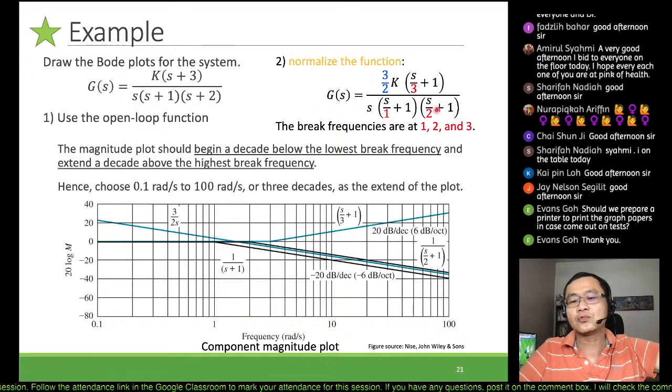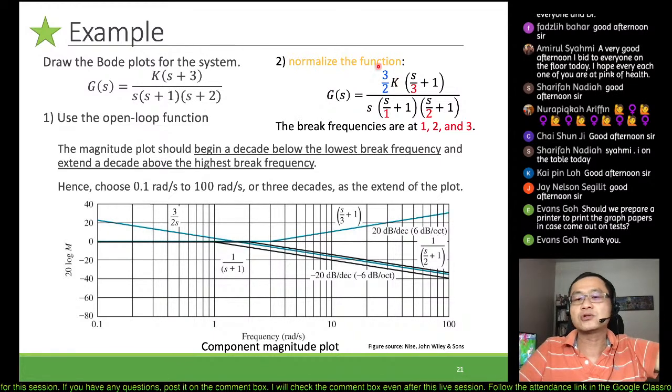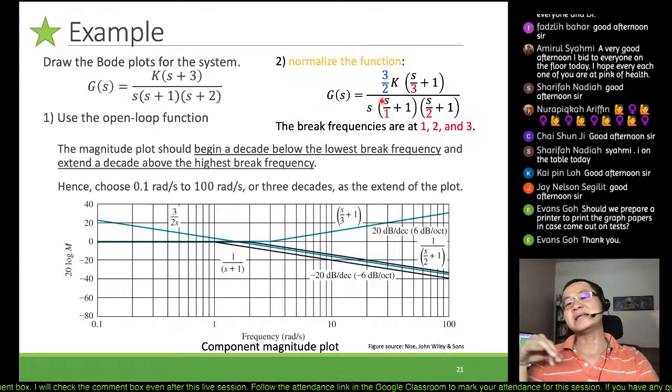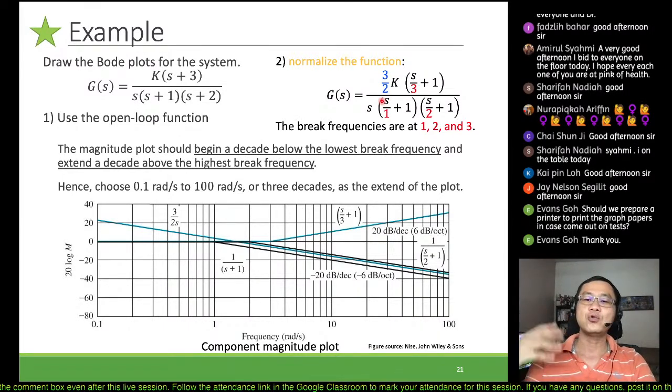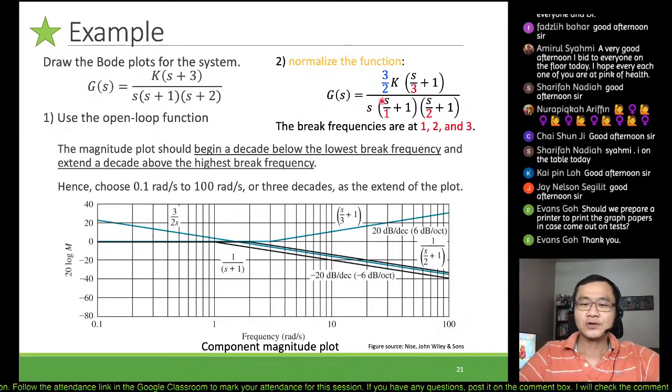So 1, 2, 3, right? So we will get 3, bring it out. 1 multiplied by 2, we get 2. Therefore this blue one is the so-called normalized value that we factorize out from our various terms of the poles and zeros.